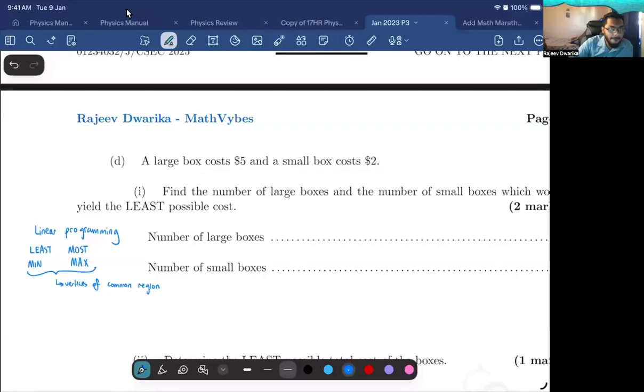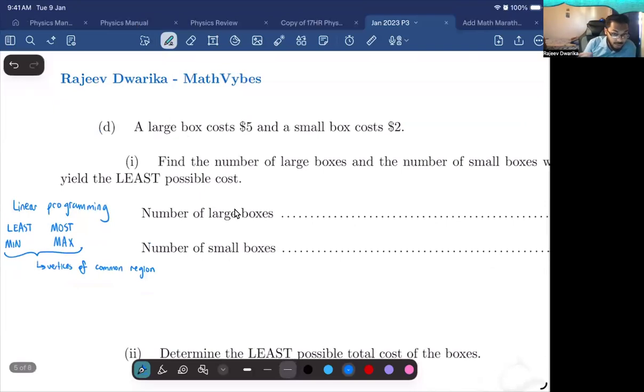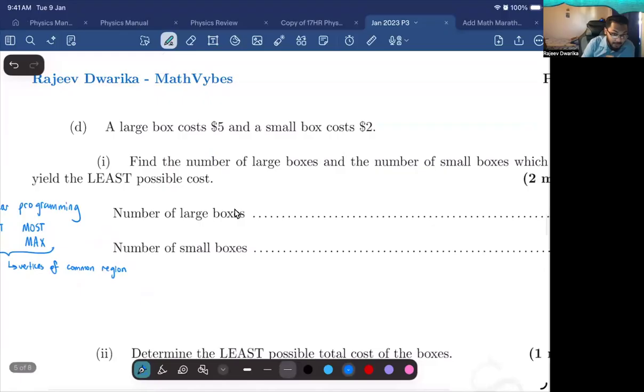Let me know when you see the screen again. Yes, sir, seen it. All right, great. So in part B, they're telling us a large box costs 5, a small box costs 2. And they want us to figure out the least possible cost.